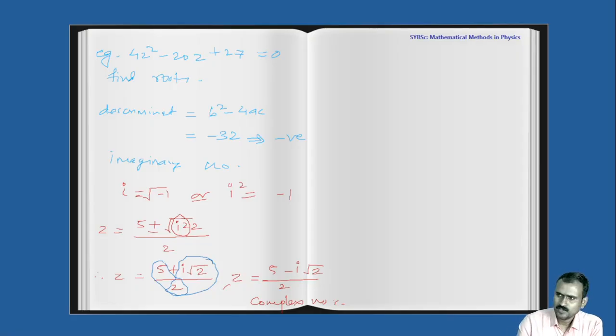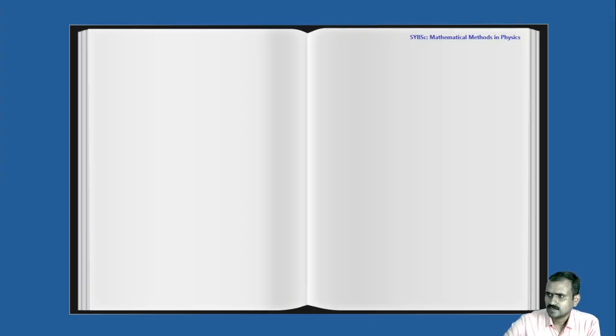Now we can see some different terminologies or some algebra of complex numbers. First of all, the equality of complex numbers. When can we say that two complex numbers are equal? Consider two complex numbers. The first one is z1 equals x1 plus iy1, and the next is z2 equals x2 plus iy2.